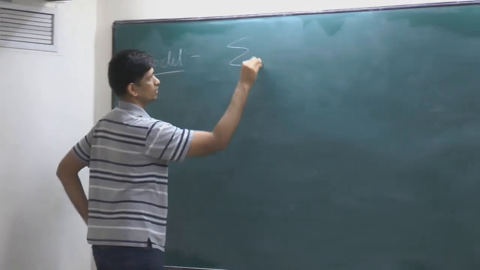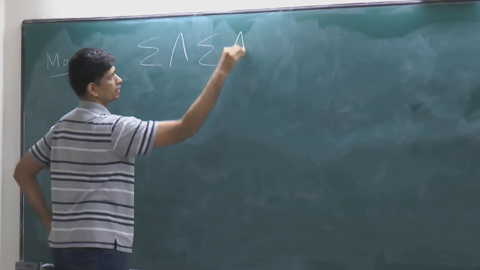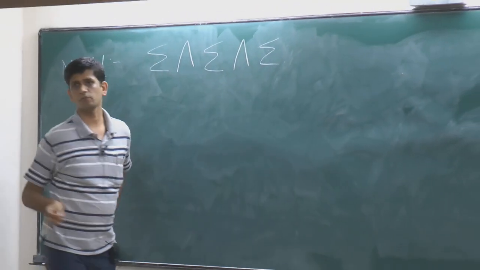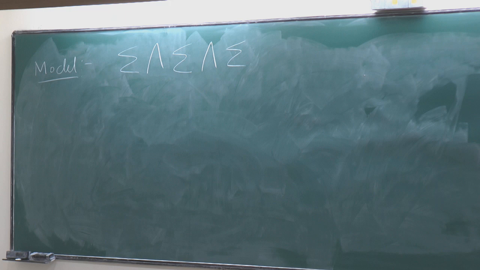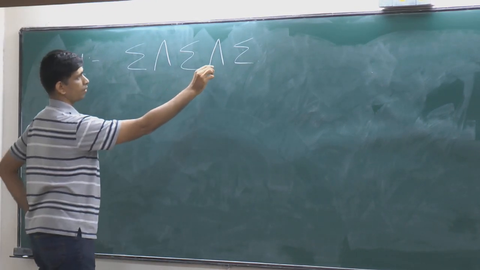The computation model is depth 5 circuits of the form sigma power sigma power sigma.